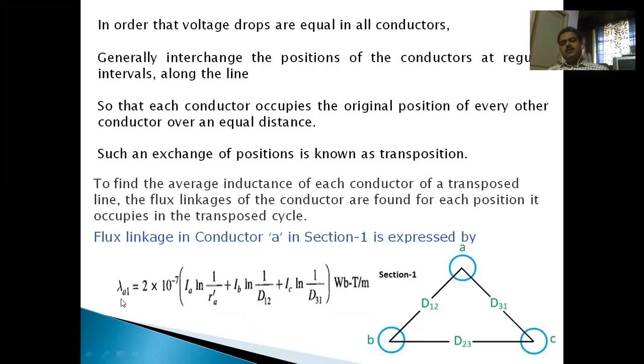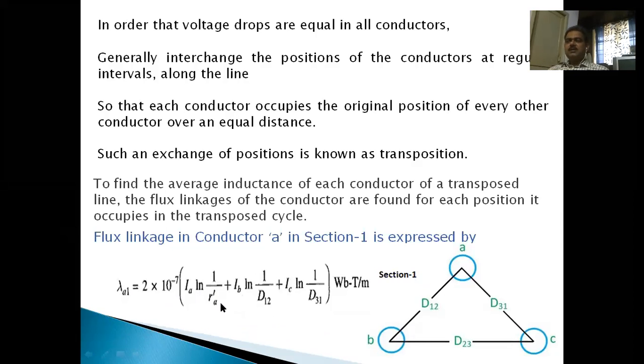So lambda A1, in the first conductor in section 1, is 2 into 10 to the power of minus 7 IA ln 1 by RA dash. What is this RA dash?